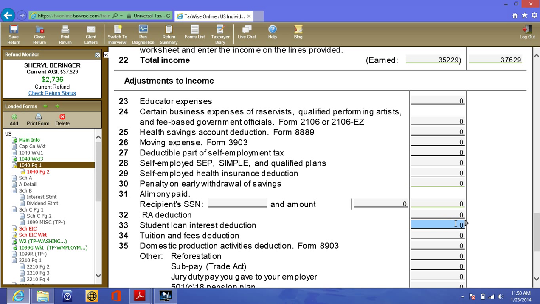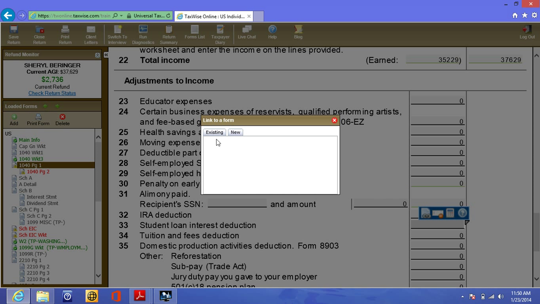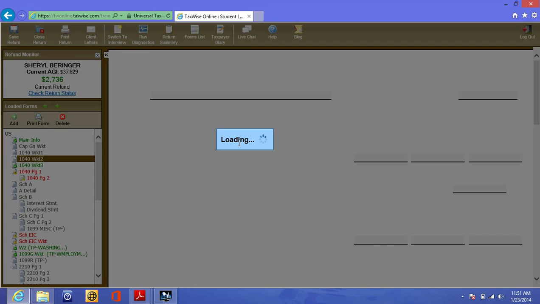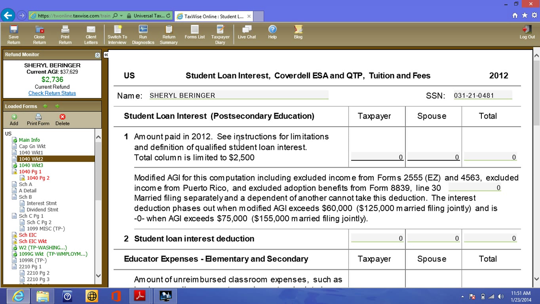So we're going to go over here and we're going to click on this gray triangle, and then we're going to click link to another form. And there's nothing in existing, so we're going to go over to new, worksheet 2, student loan education worksheet. So the first thing it says is student loan interest.